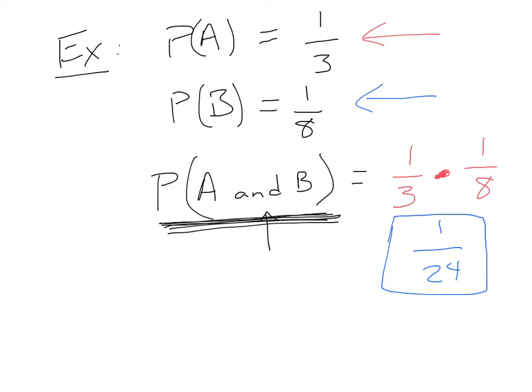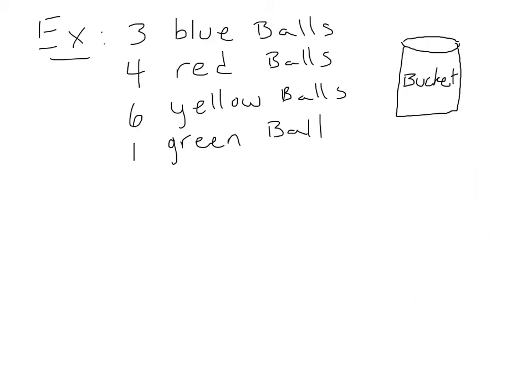Simple. Let's move on. Okay, you've got a bucket with all of these balls in it. You've got 3 blue balls, 4 red balls, 6 yellow balls, and 1 green ball. We're looking for the probability of selecting a yellow and then a blue.